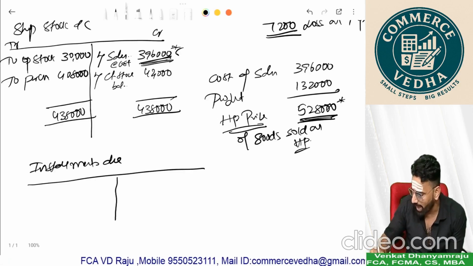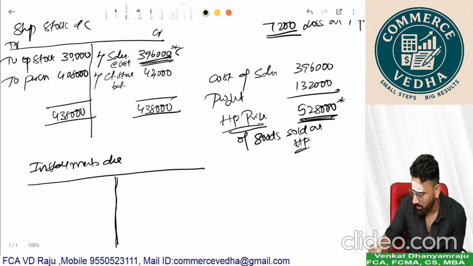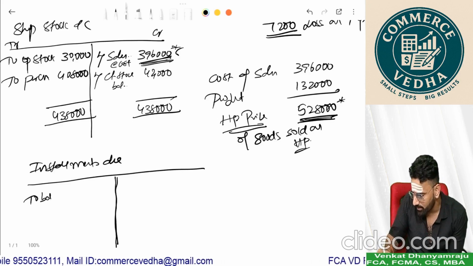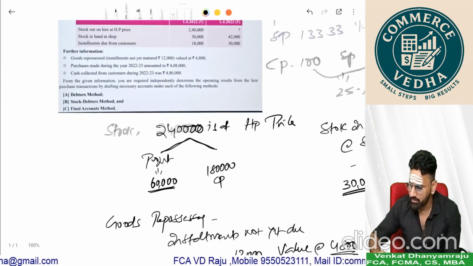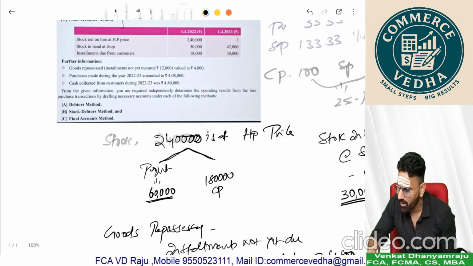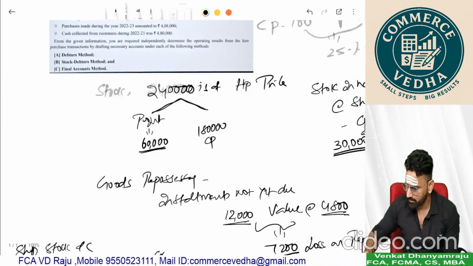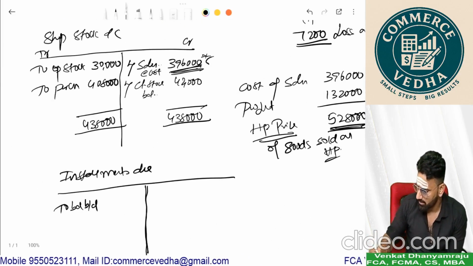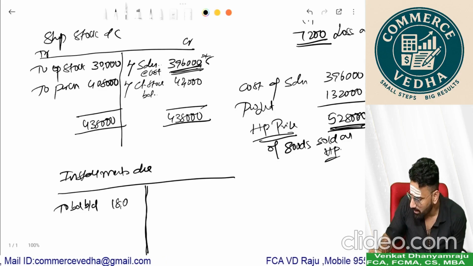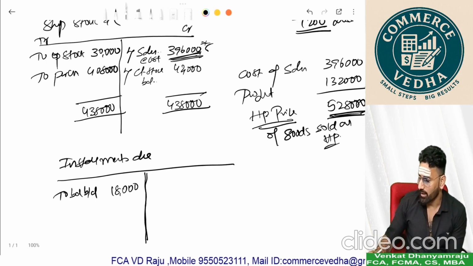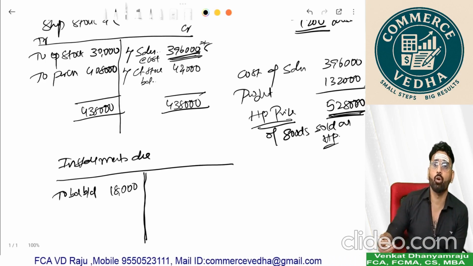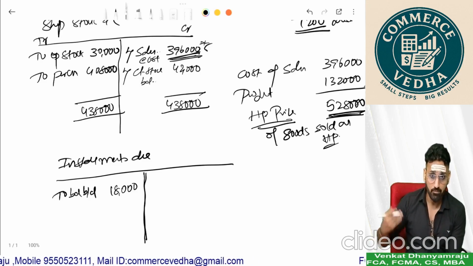Nothing but your actual debtors. So to balance, brought down. What is your debtors balance? 18,000 opening, and for the current year, we should know how much is actually installments due.